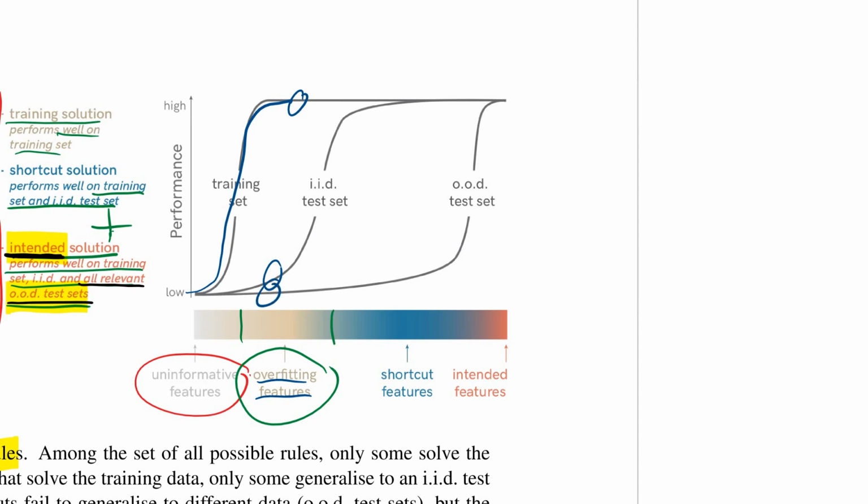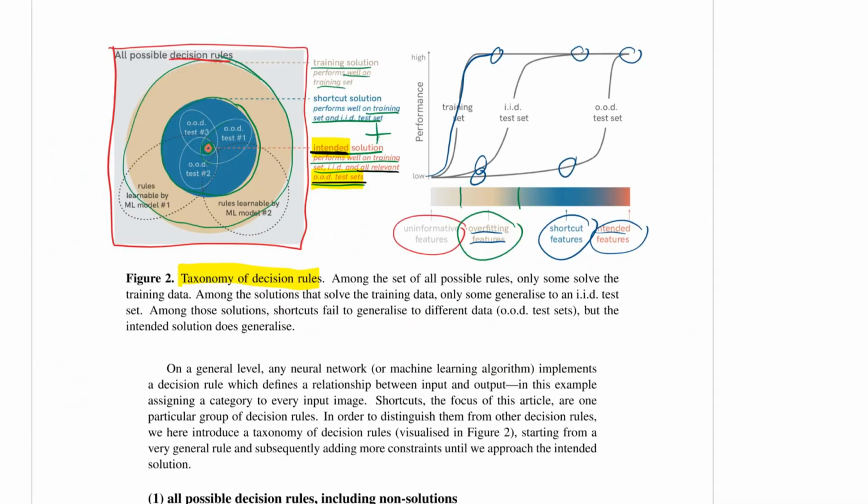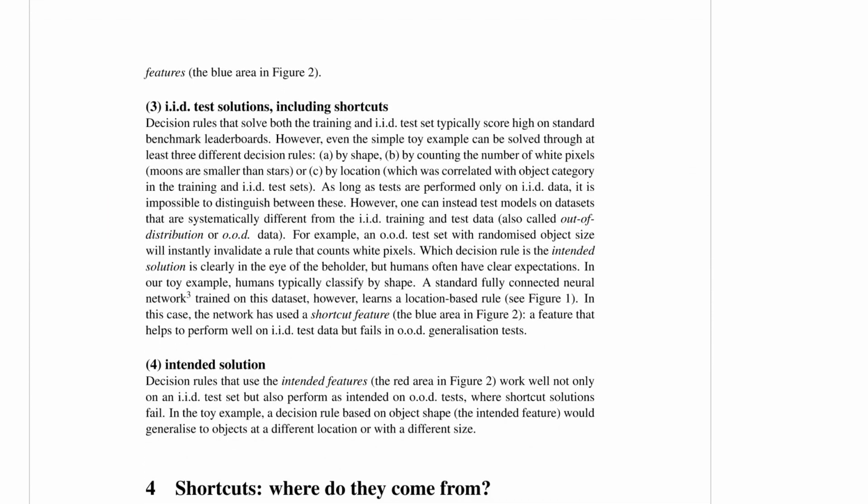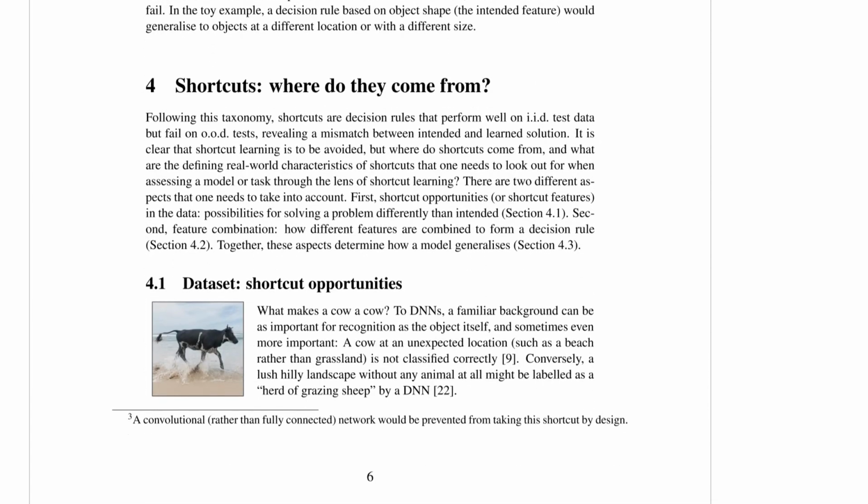If you use the intended features, again, no one knows what that is, no one can specify it, you'll do well on all the OOD test sets. If you use the shortcut features, you will do well on the training and IID test set, but not on the OOD test. This is valid. I'm not discrediting this paper here, and they do allude to a lot of the things I'm saying, but not all. And I don't think they frame it correctly.